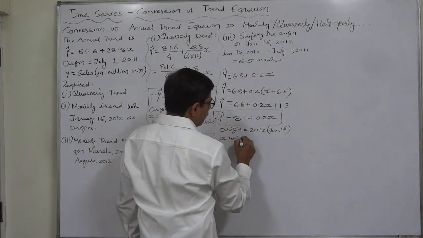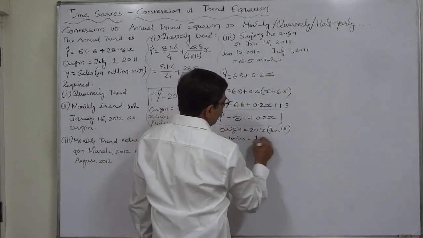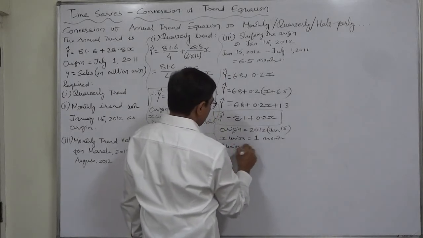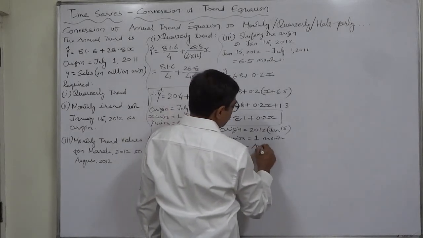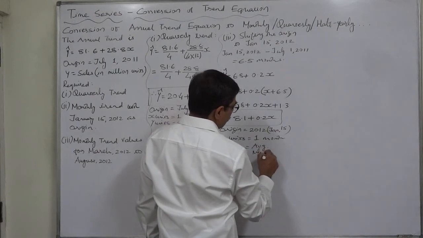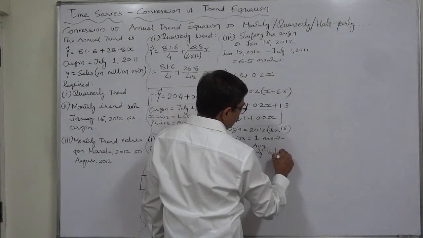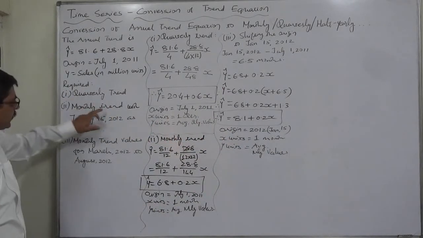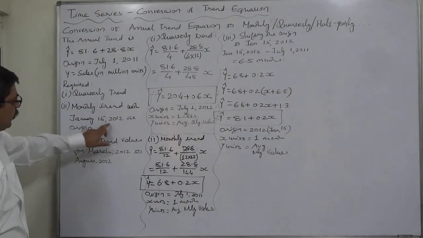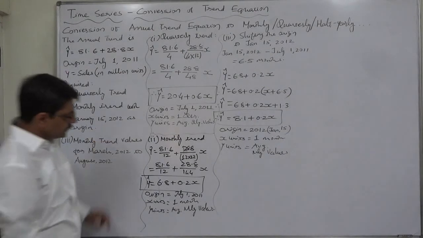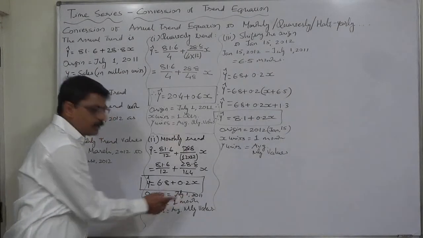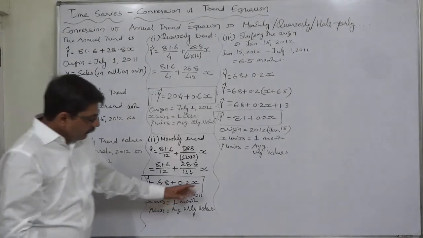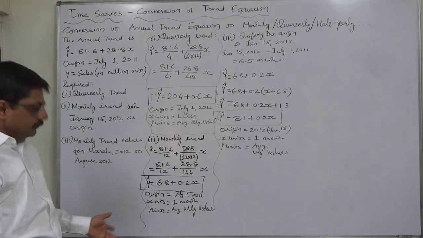X units 1 month, and y units average monthly values. This is the final answer of sub question number 2, monthly trend with January 15, 2012 as origin. This is the monthly trend with July 1, 2011 as origin. This is not the final answer, but we got the final answer in 2 steps.